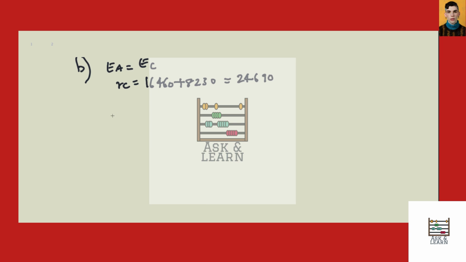So we will get EA is equal to EC. And then using the same approach as we have used earlier, you'll be able to get VC squared is equal to VA squared plus 2GM times (1 over RC minus 1 over RA).